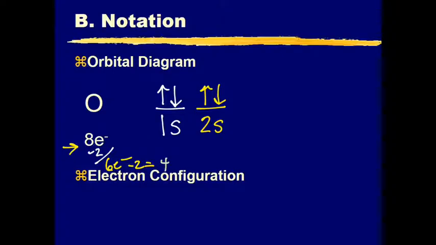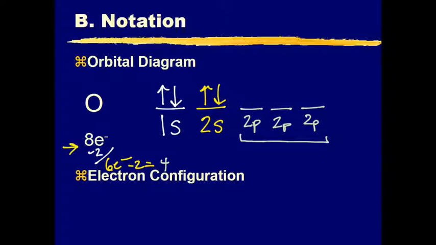After 2s, what fills up? It is 2p. The p sublevel has 3 orbitals, so you must show all 3 orbitals, represent them, label them, even if an electron does not go into each of those orbitals. Once 1 electron goes into that sublevel, you have to represent the whole sublevel.